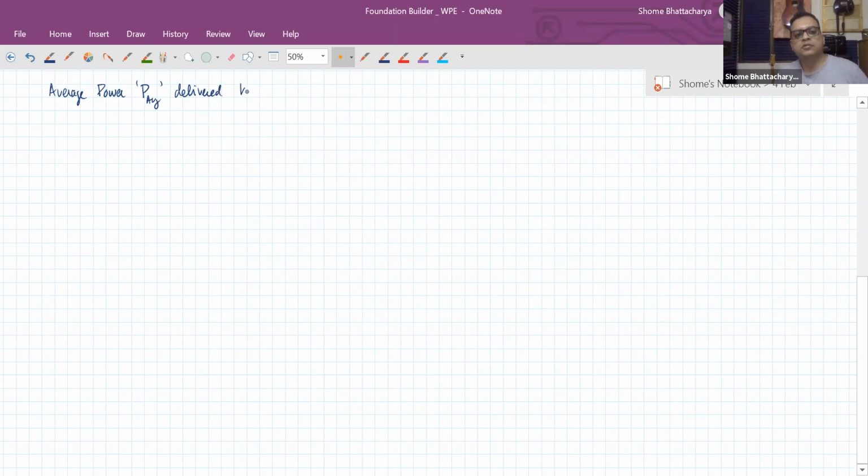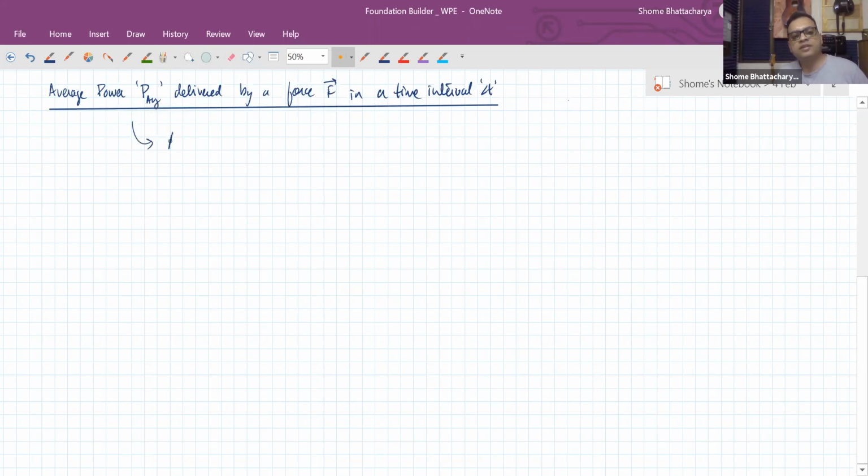Delivered by a force in a time interval delta t. Okay. So just like instantaneous power is defined as instantaneous rate of change, average power is defined as the average rate of change, or the average rate of work done with respect to time.